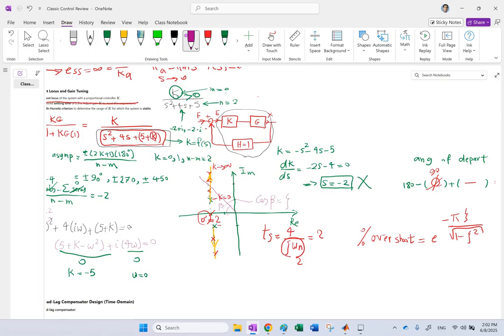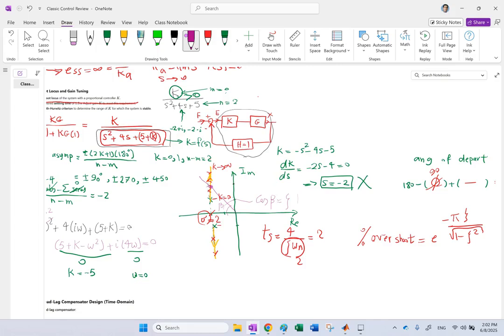Okay? So I can pick any specific overshoot, specific xi, and as long as that radial line with that specific angle intersects my root locus, that means I can achieve it.